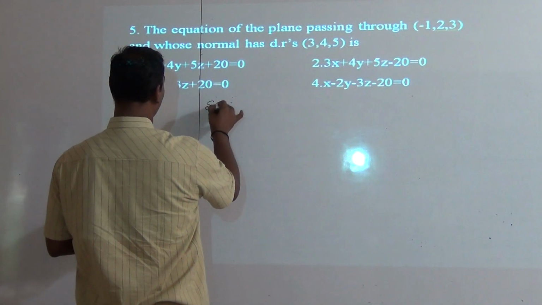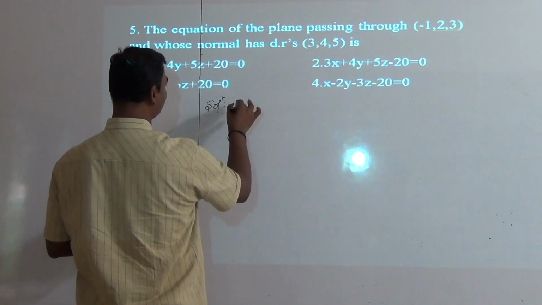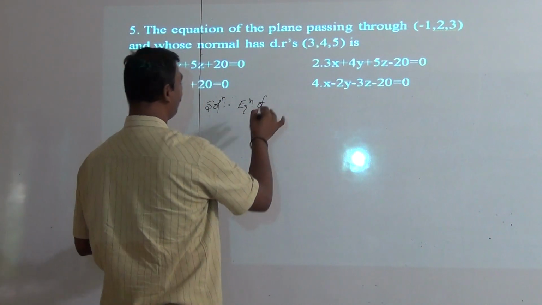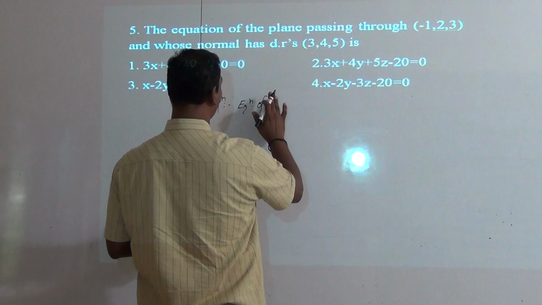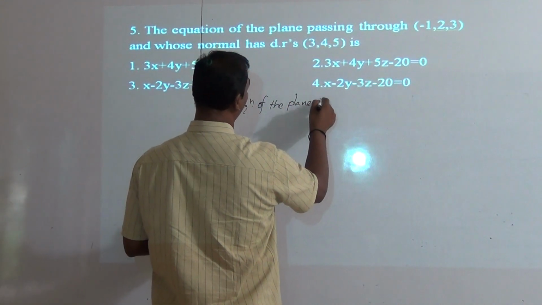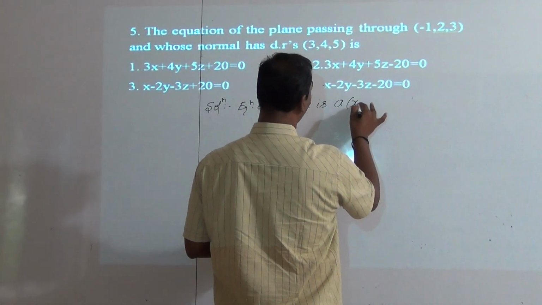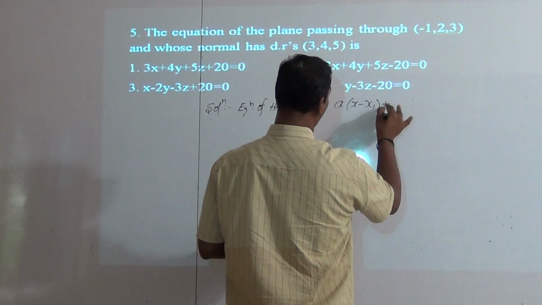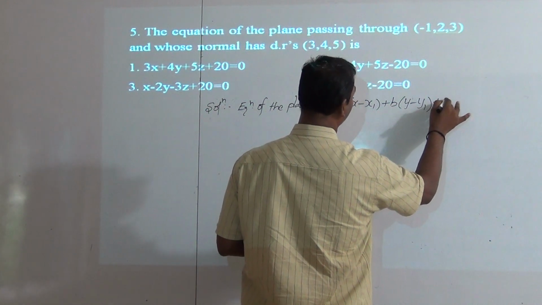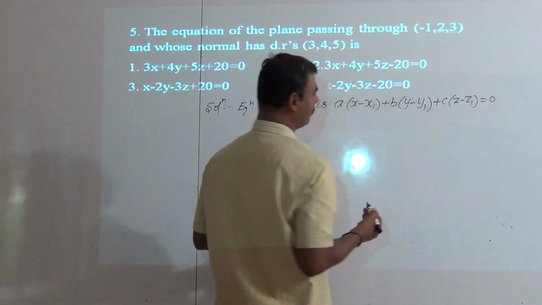So we studied theorem number 2 in vector form and Cartesian form. Remember, here only Cartesian form is required. Equation of the plane is the formula in Cartesian form: a bracket x minus x1 plus b bracket y minus y1 plus c bracket z minus z1 equals 0.